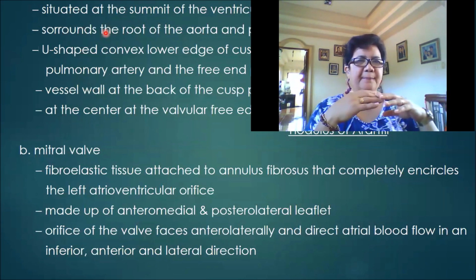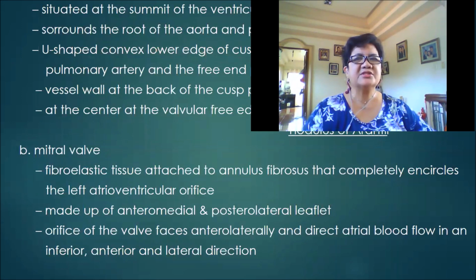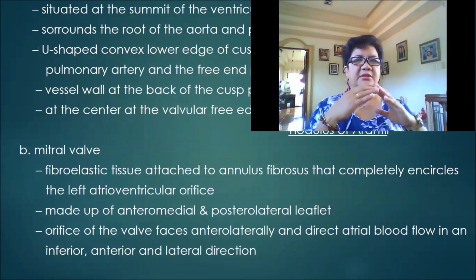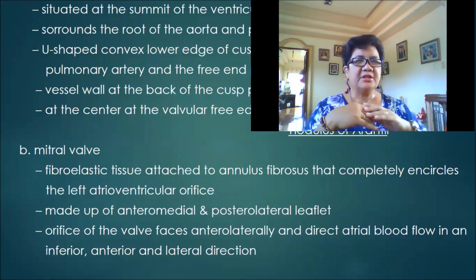It is a U-shaped convex lower edge of the cusp attached to the root of the aorta and pulmonary artery, and the free end protrudes into the lumen, so that when it opens, it will be towards the inside of the blood vessel, not outside, because the free end will protrude into the lumen.